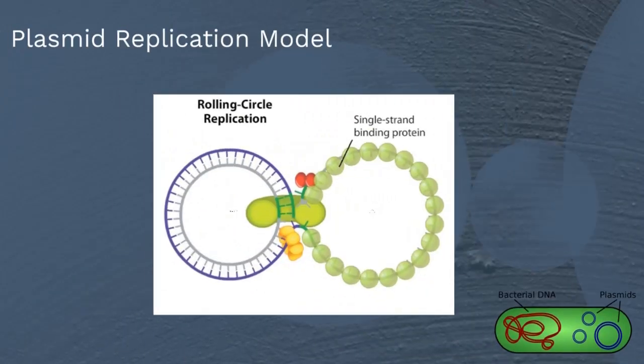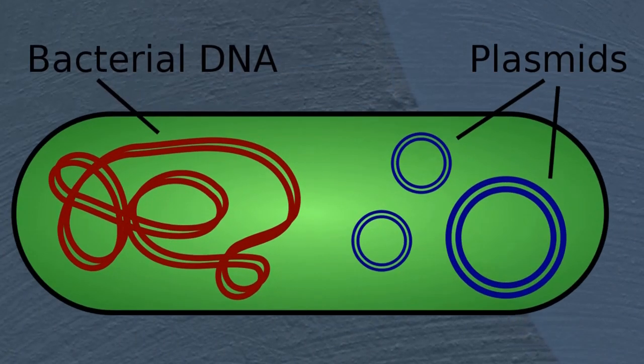Next, we discuss the plasmid replication model, where plasmids are extrachromosomal DNA developed in a bacterial cell in order to make the cells adapt to various stresses, and these plasmids replicate on their own and will be segregated into daughter cells based upon the law of segregation.